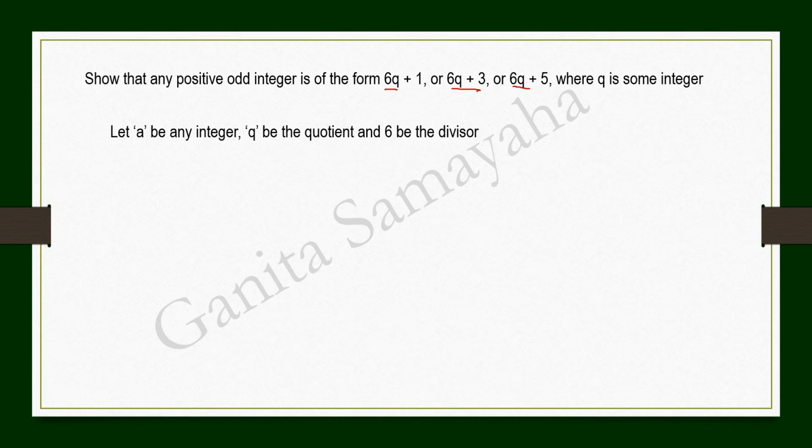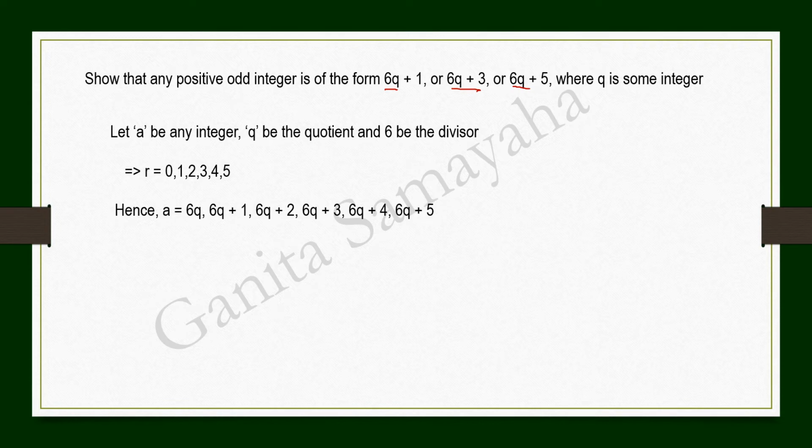What are the possible remainders? Possible remainders are 0, 1, 2, 3, 4 and 5. Let us write down all the mathematical expressions with this parameter. Hence we have A equal to 6q, 6q plus 1, 6q plus 2, 6q plus 3, 6q plus 4 and 6q plus 5.